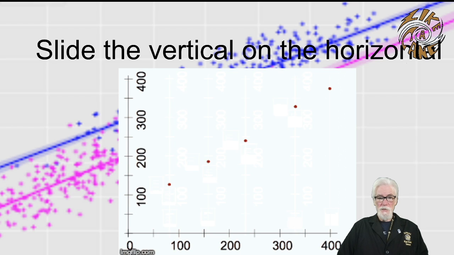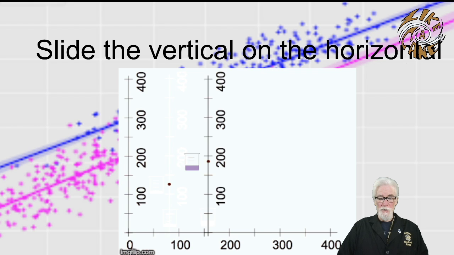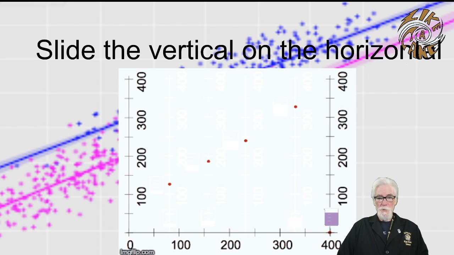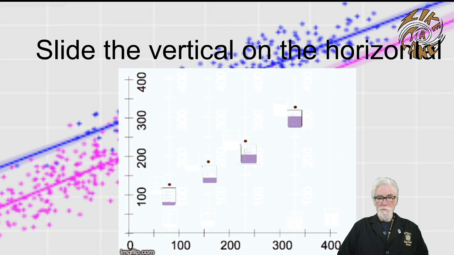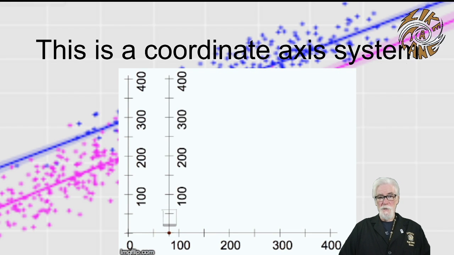So what we have here is a situation where we have modeled both the weight on the vertical and the volume on the horizontal, where both measurements are taken at the same time, and it creates a series of points that coordinate the weight and the volume. So this is what a coordinate axis system is.